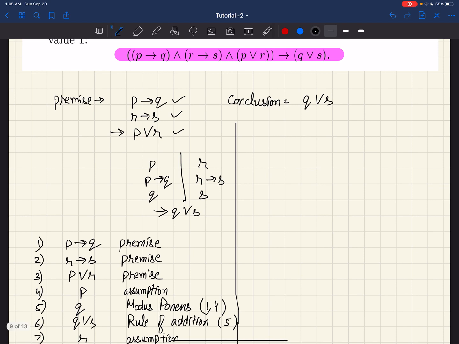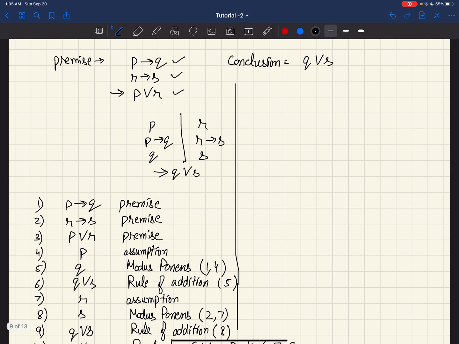The other way to solve this would be to rewrite P or R as double negation of P, or R. I just applied double negation in front of P, which is the same as writing P. But this gives me a chance to rewrite it as not of P implies R. And I can also rewrite P implies Q as not of Q implies not of P. I'm just reversing the implication here.